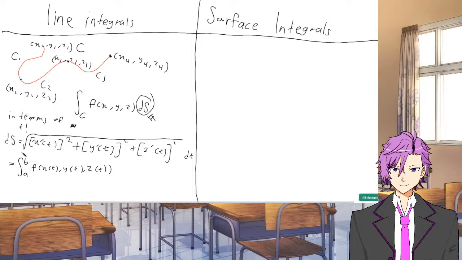And then we have to rewrite this entire formula, the ds, into this equation. So we'll try and make this as small as possible. x(t) squared plus y(t) squared plus z(t) squared.